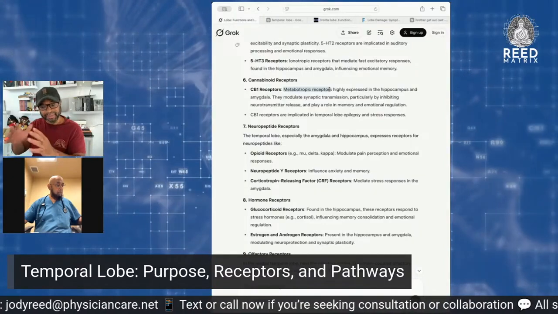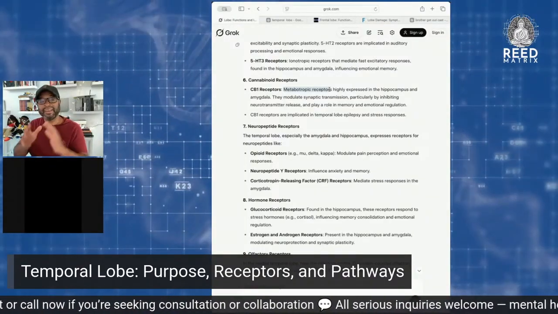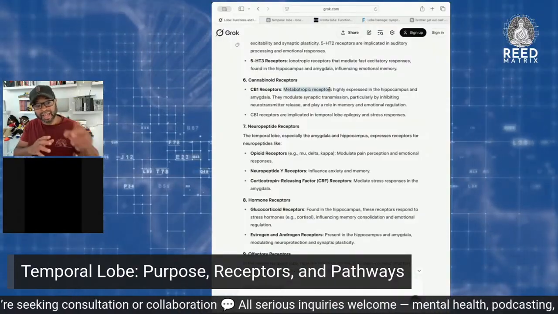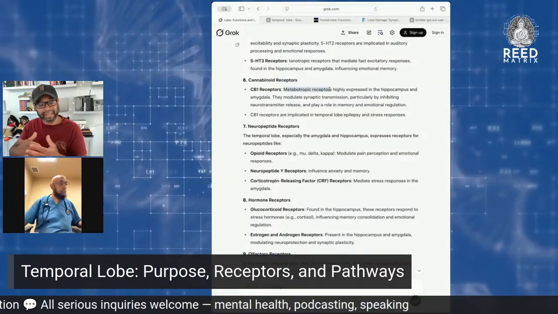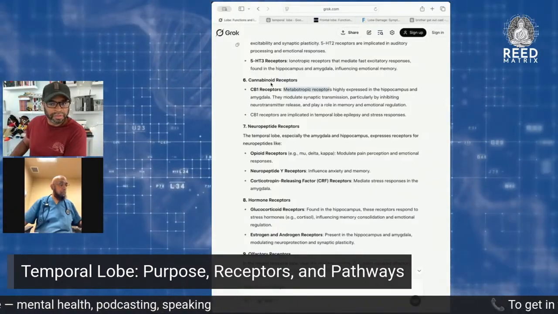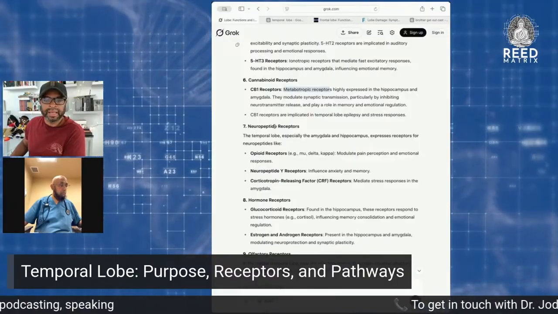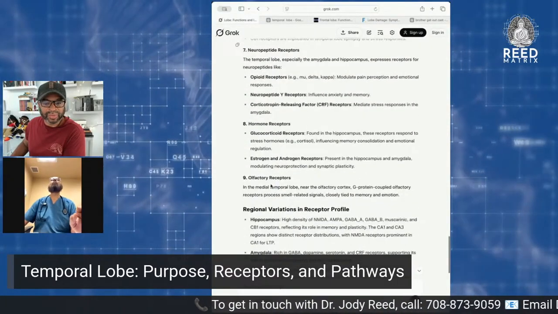You have the gates that turn on and off due to charges, and then you also have the G proteins that actually code for products to be produced by the cell body, and those products are then exported out of the cell. So this is the cannabinoids here, neuropeptides like opioid receptors, hormone receptors, olfactory receptors.